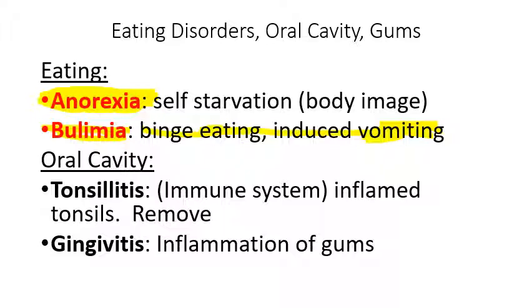Okay, tonsillitis, problems with the oral cavity. Tonsillitis, of course, is where the tonsils become inflamed, and usually that inflammation will go away, but sometimes they say it's easier just to remove them. Right? So when I was a child, thank goodness this is not true anymore, they used to encourage children to have their tonsils out before they became inflamed.